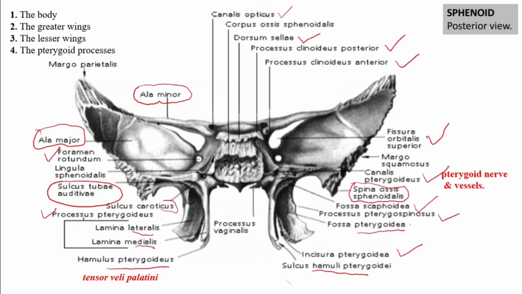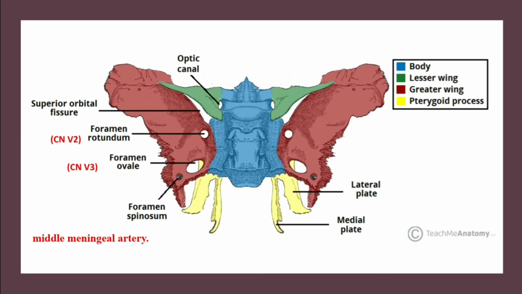All right. Here you can appreciate the sphenoid bone again, with different parts in color coding: body, lesser wings, greater wings, pterygoid processes.